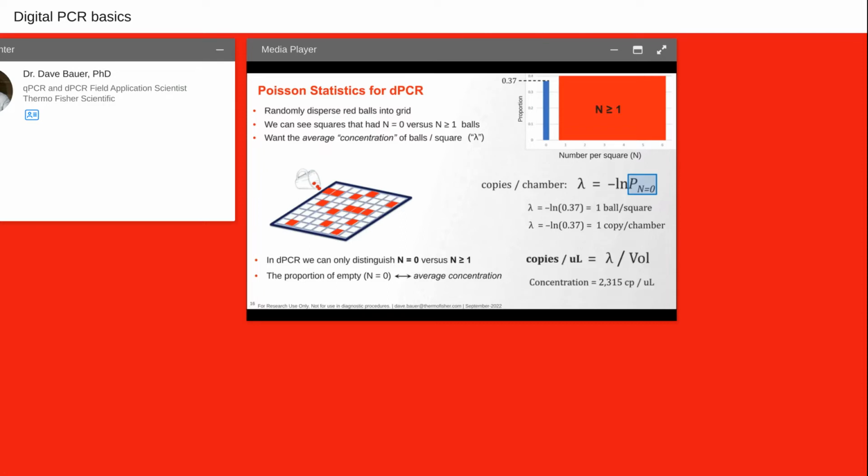And now 1 copy per chamber still isn't the most meaningful measurement. We want something more like copies per microliter, which is an easy conversion as well. So just by knowing simply the percentage of microchambers that are empty, we can infer what the concentration was.